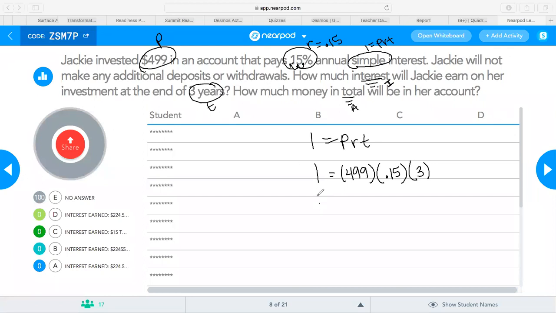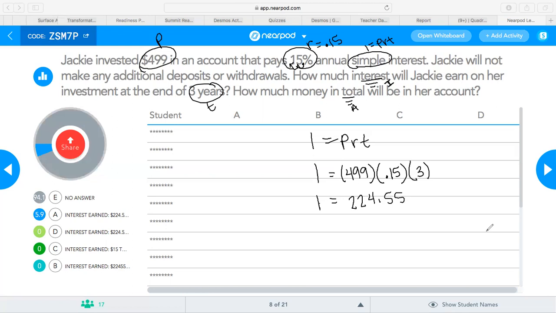All right, so I'm putting this in my calculator. 499 times 0.15 times 3. When I do that, that gives me 224.55. What does that number mean?